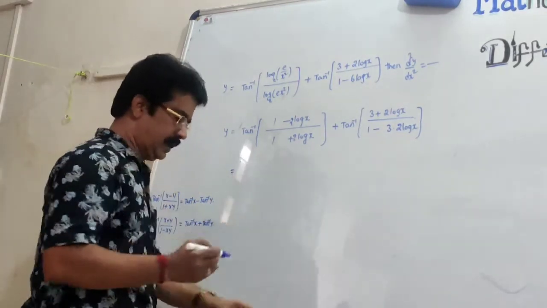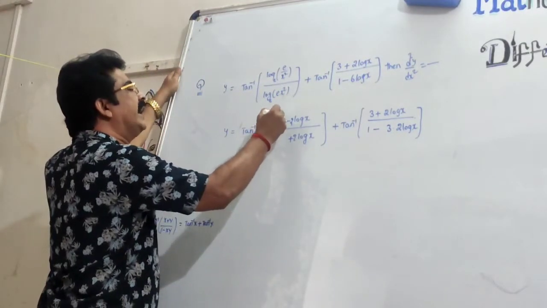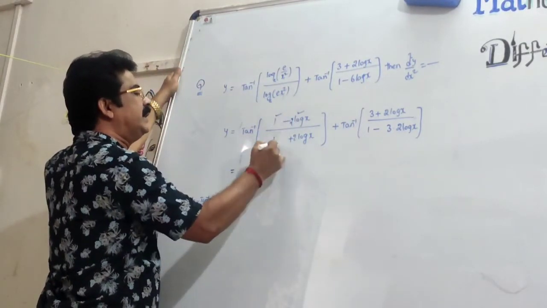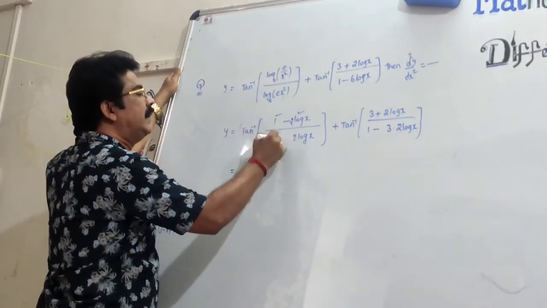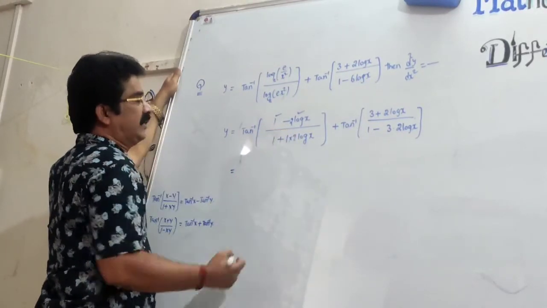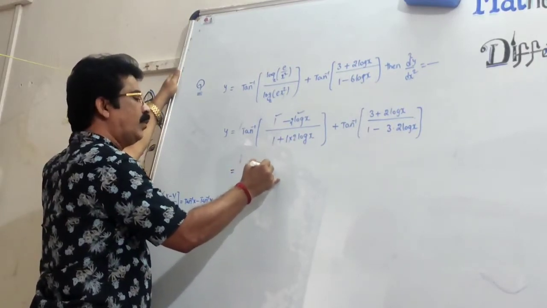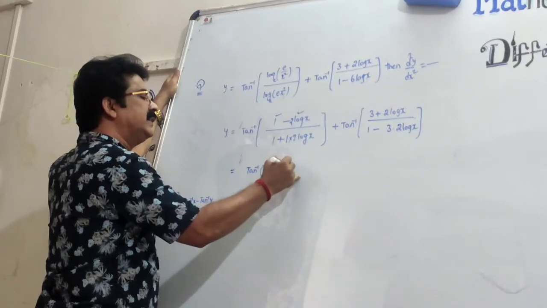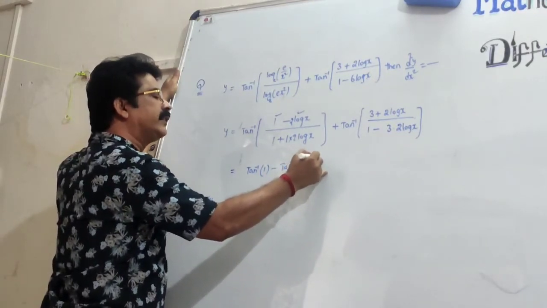So therefore it is in the form of tan inverse of (x minus y) divided by (1 plus x into y). This can be written as plus 1 into, just like that. So clearly it is tan inverse of 1 minus tan inverse of 2 log x.